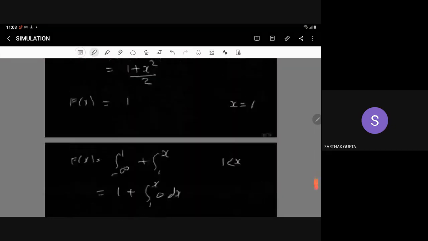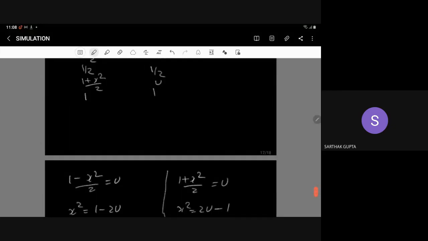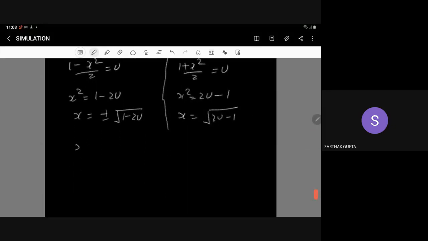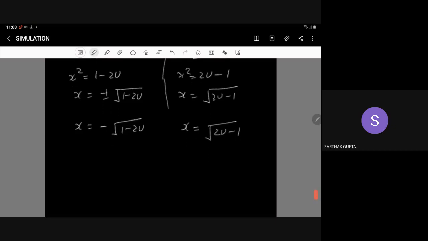So from there we have to take x is equal to minus root of 1 minus 2u, and here we have x positive, so root of 2u minus 1, where u is from 0 to 0.50, and here u from 0.50 to 1. So always you have to take the equality on the left side only, left side of the inequality. You have to take the sign of is equal to.